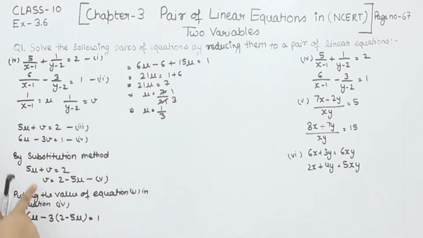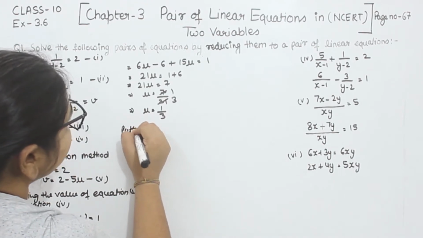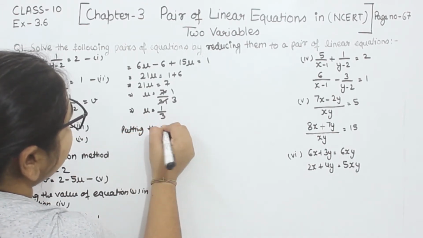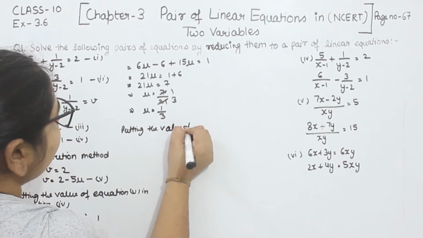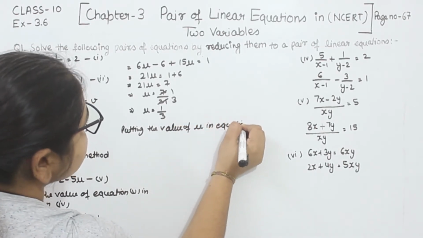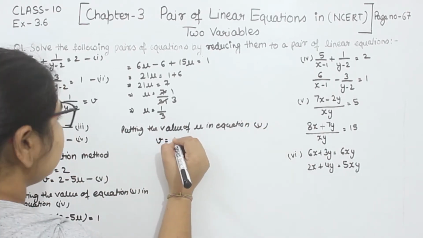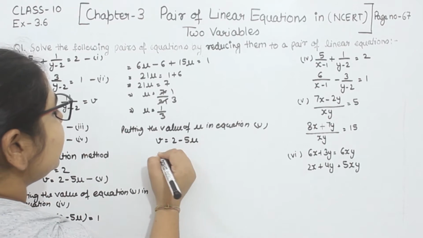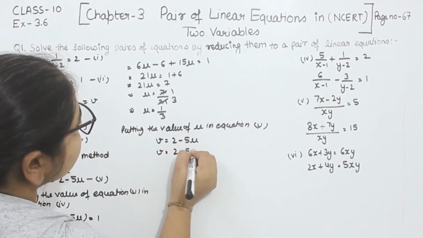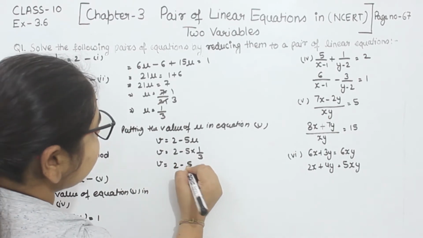Now I am going to put this in equation number 5. Putting the value of u in equation 5, v is equal to 2 minus 5 multiplied by 1 by 3. So v is equal to 2 minus 5 by 3.